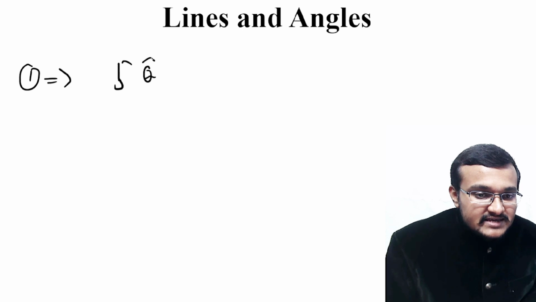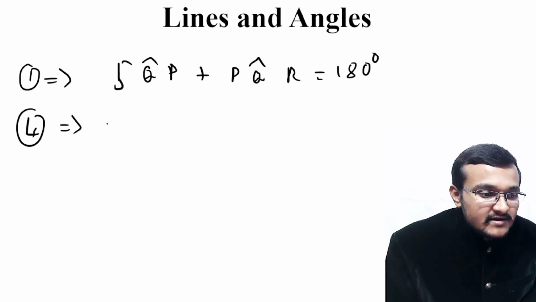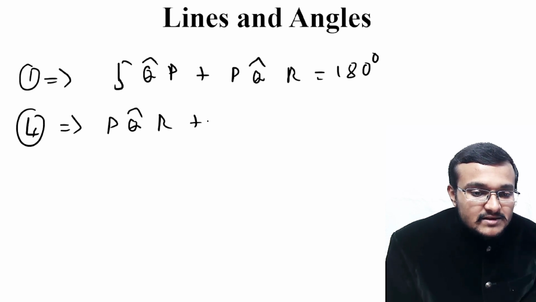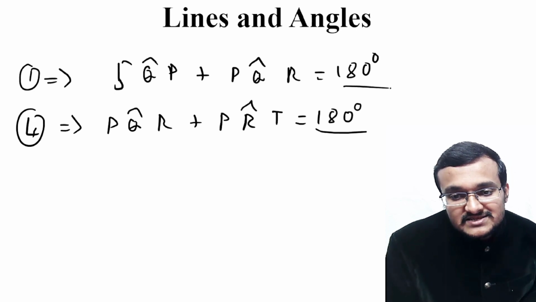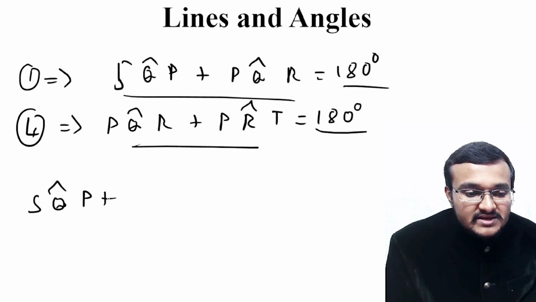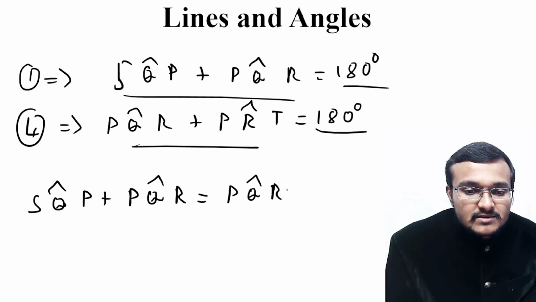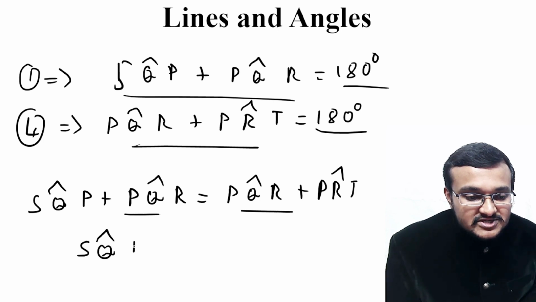Equation 1: SQP plus PQR is equal to 180 degrees, and equation 4: PQR plus PRT is equal to 180 degrees. Here you can see the RHS are equal, so the LHS should be equal to each other, that is SQP plus PQR should be equal to PQR plus PRT. Here PQR is there, and here also PQR is there, so you can cancel both of them. Then the equation will be SQP is equal to PRT.